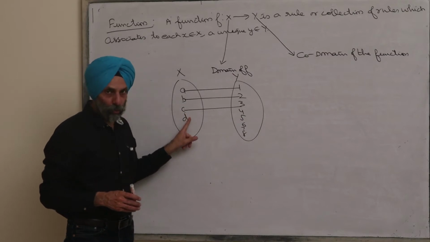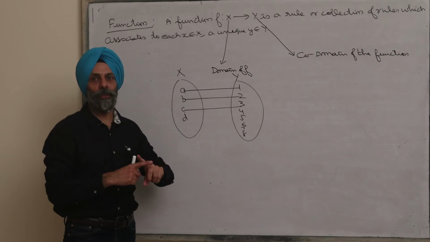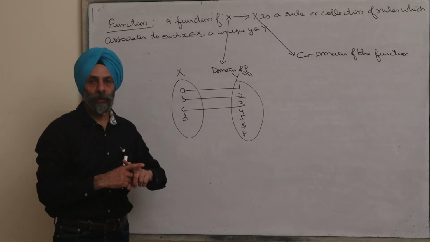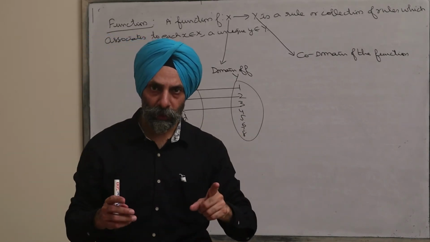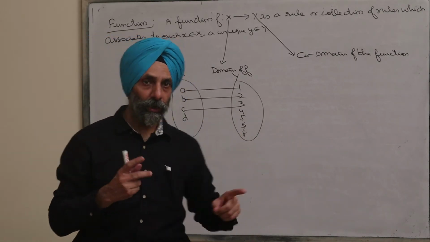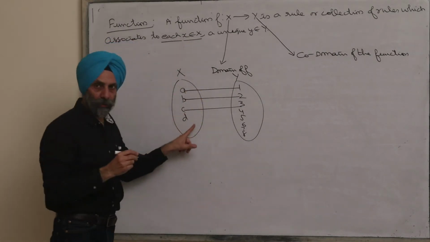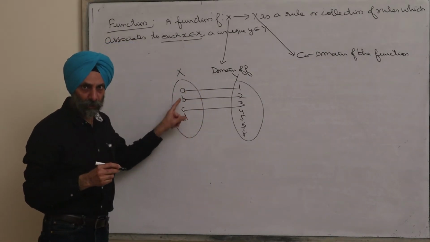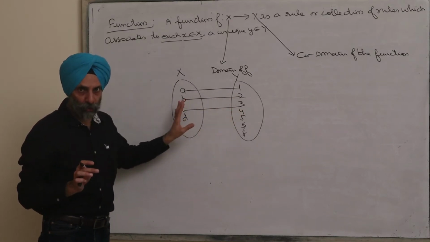If corresponding to D there is no image in Y, then it is not a function. Why? Because by definition, to each x belonging to X there must exist a y, and since for D there does not exist one, it is not a function.